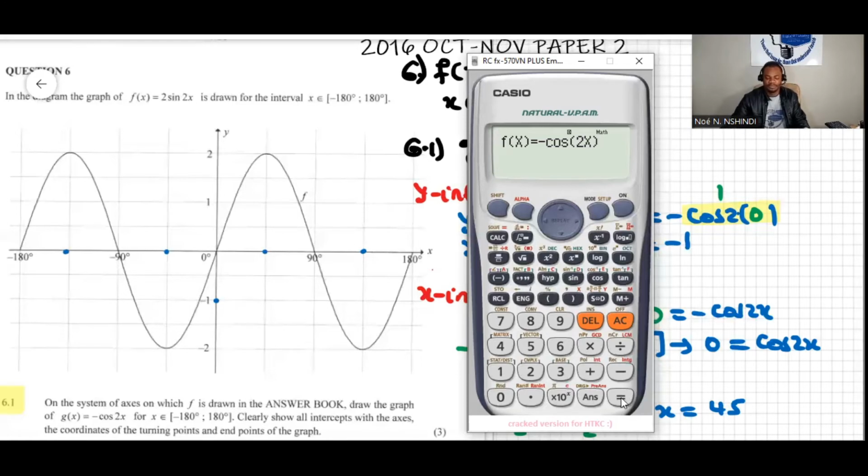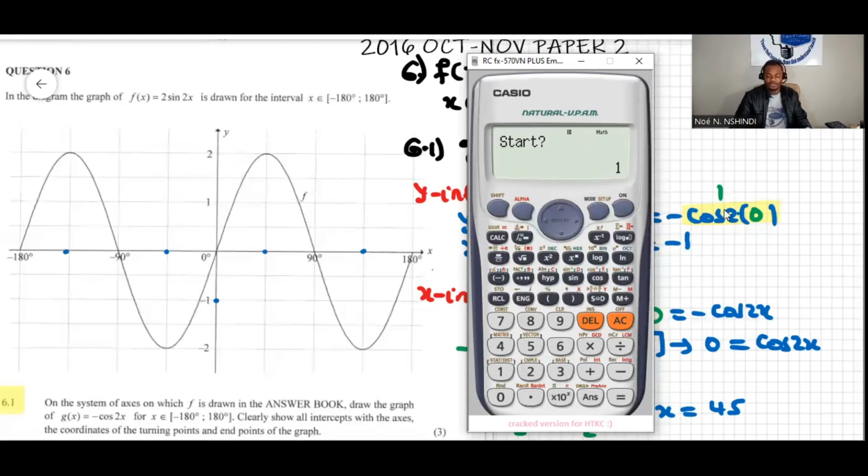And then when I press equal, by default it asks me to enter also the function for g of x, but I don't have any g of x here. I only have one function that I need to work out. Don't confuse this g of x with the g of x we have here. It's not the same thing. So just press equal and then start.